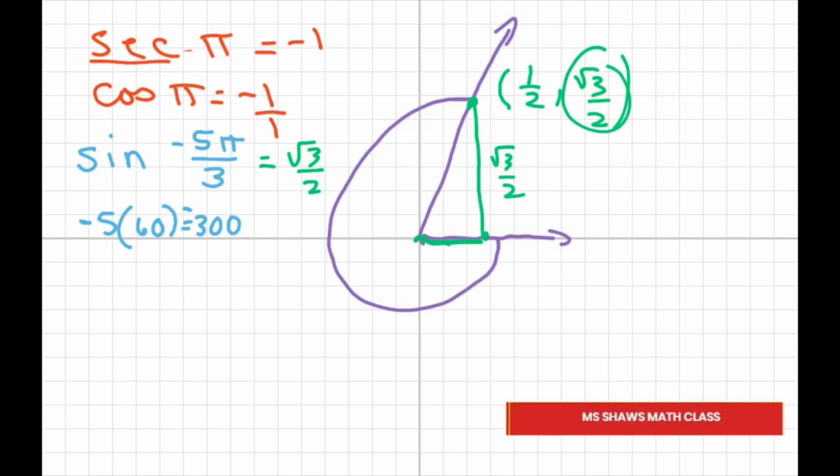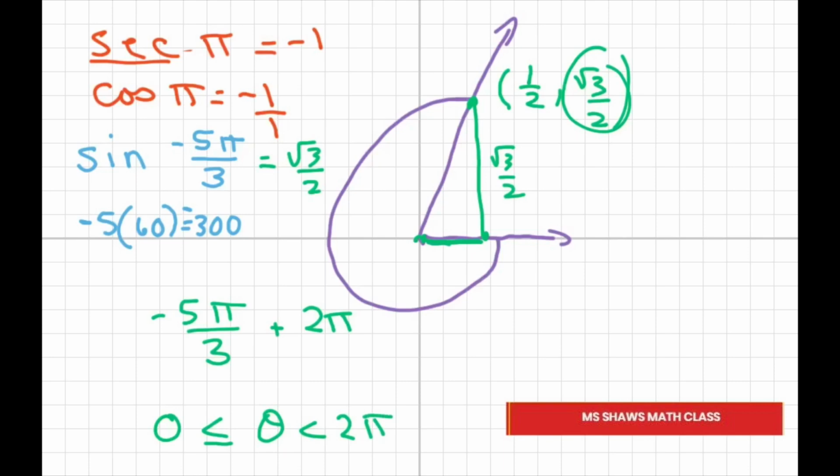You could have also taken your negative 5 pi over 3 and added 2 pi to that to get it back into the range where we want it between 0 and 2 pi. When you add 2 pi, you have to have the common denominator.